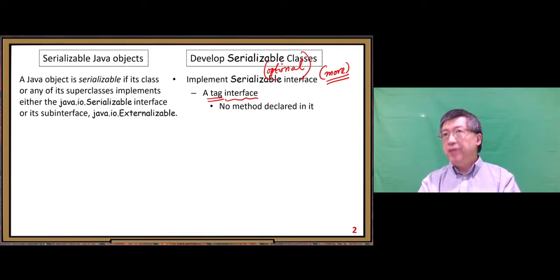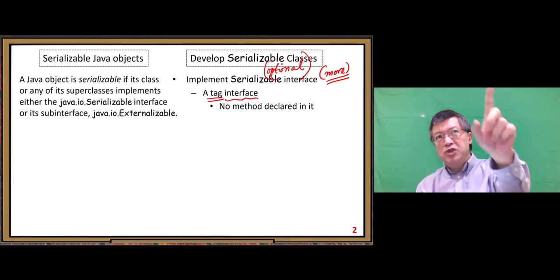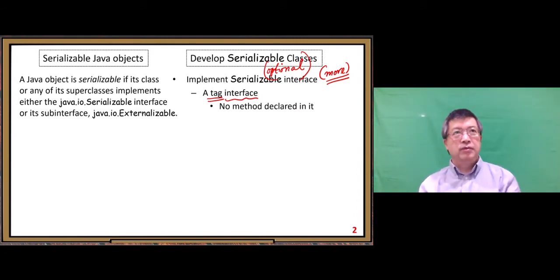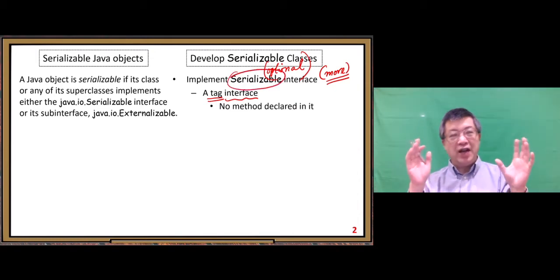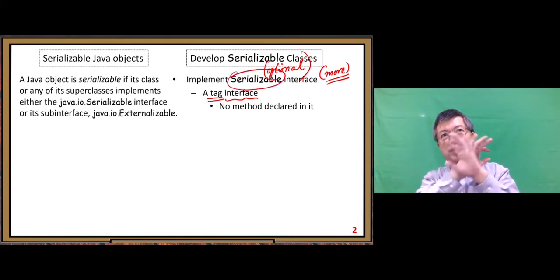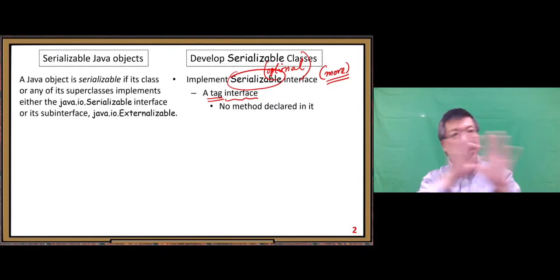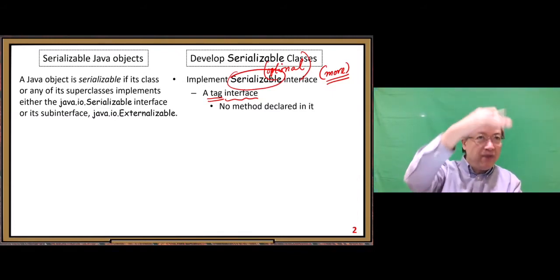Then you may wonder why it is useful. If there is no method declared in it, why is it useful? It is used for some special purpose. Serializable is one. If you implement this interface, you do not need to implement any method inside it.